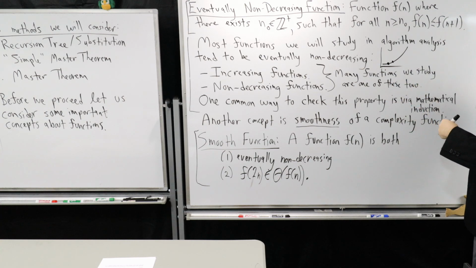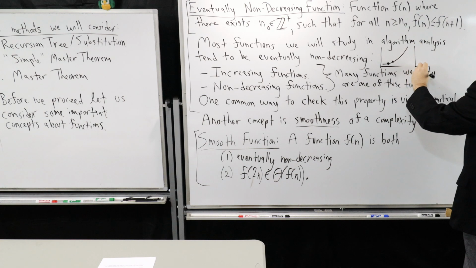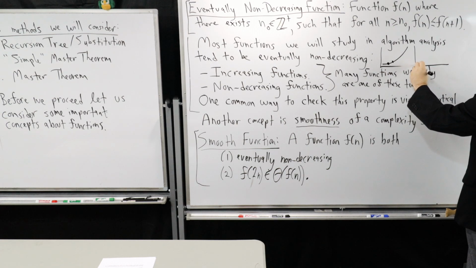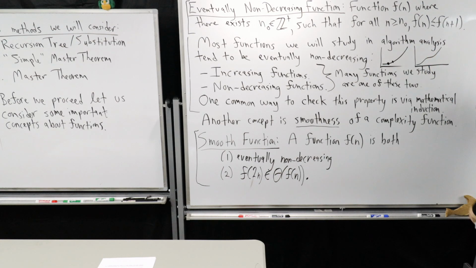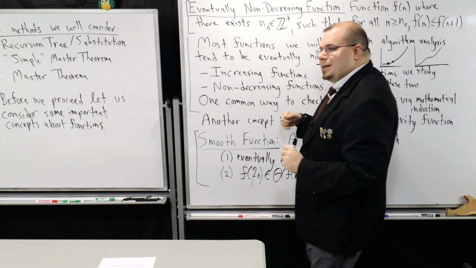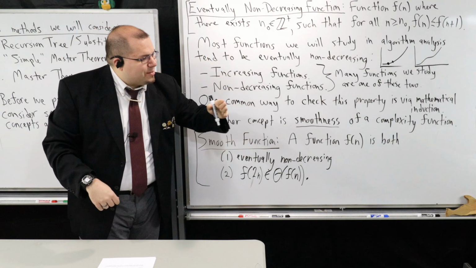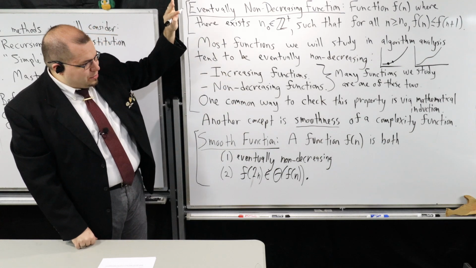That's what we call an increasing function. In contrast, a non-decreasing function is allowed to be flat. So, for example, you can have a function that looks something like this. Notice that it plateaus like this, and that's okay, because it just means that the plot doesn't zig down, it stays flat or goes up.